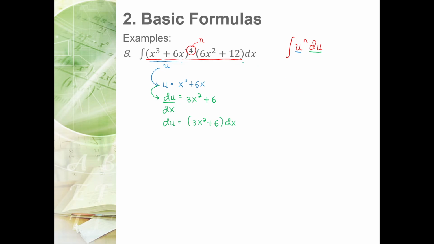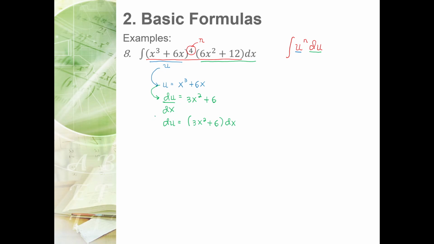So notice that in the last replaceable term in your given equation, we have 6x squared plus 12 dx. Here in our differential of u, we have 3x squared plus 6. So it's lacking 2, right?